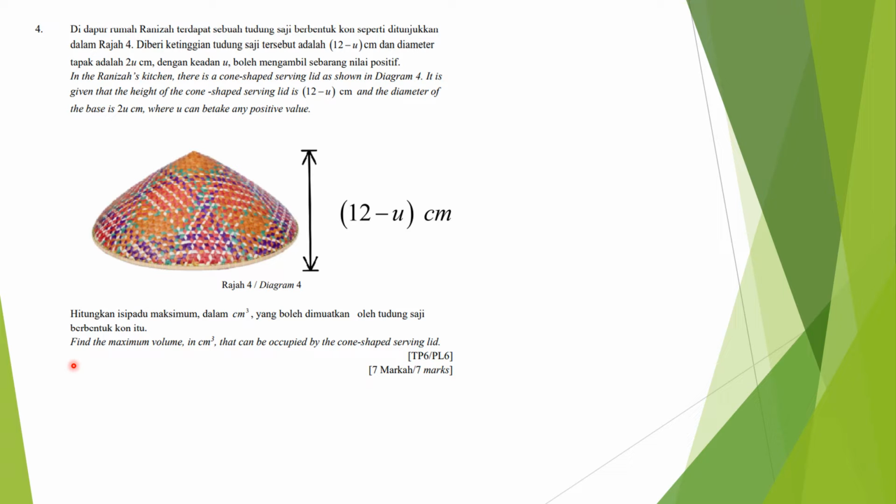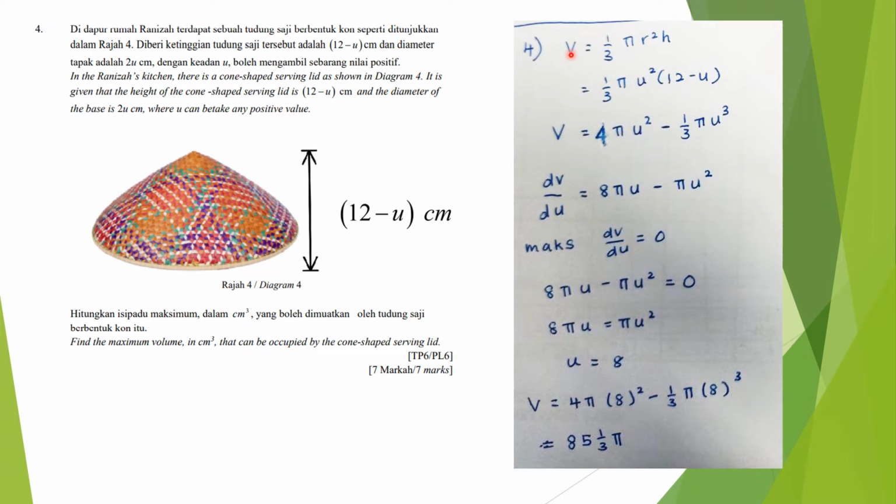So what you know is the height, and you know this is the shape of the cone, and they're asking maximum volume. So you must know your prior knowledge about the volume of cone. So the volume of cone, V here represents the volume of cone, equals to 1 over 3 pi r square h.